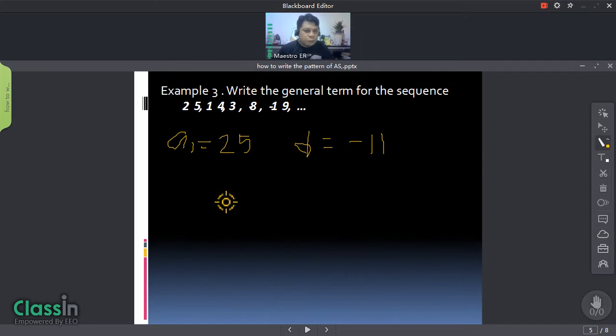So therefore, your a sub n, automatically you write the common difference, equals negative 11n. Okay, so what number are you going to add to satisfy 25? If n is 1, it is negative 11.